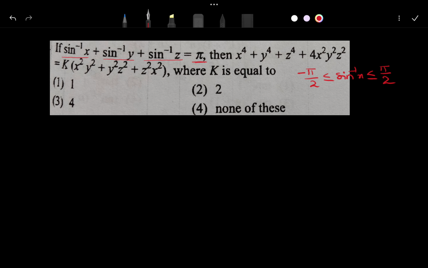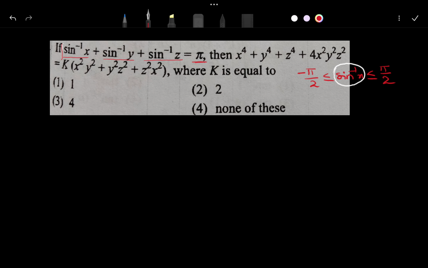So this is the fundamental. According to this, for sin inverse x you can consider a convenient value, whichever angle will satisfy the given relation. What is that given relation?